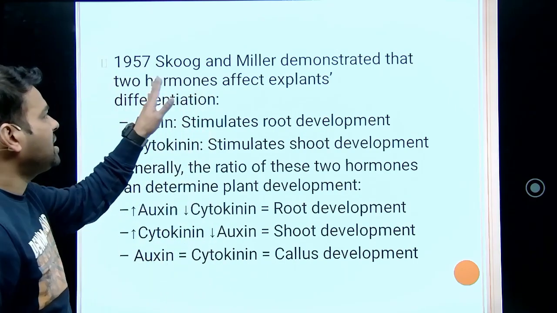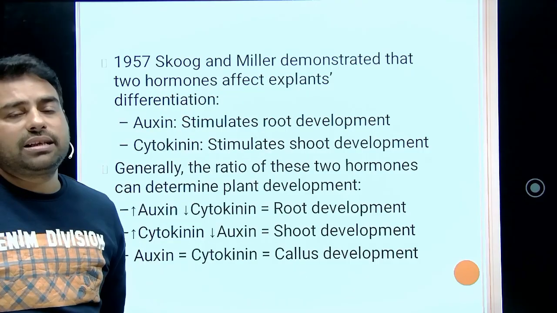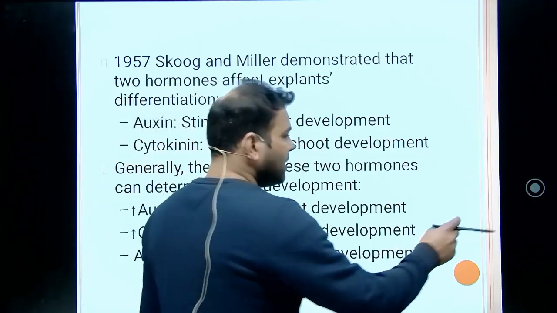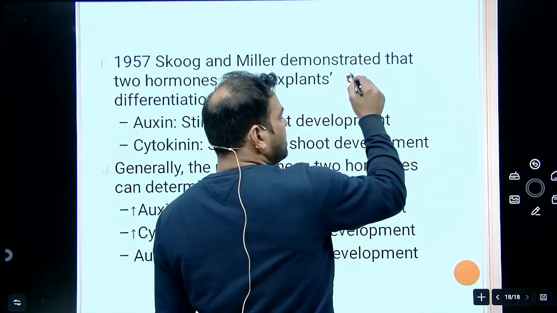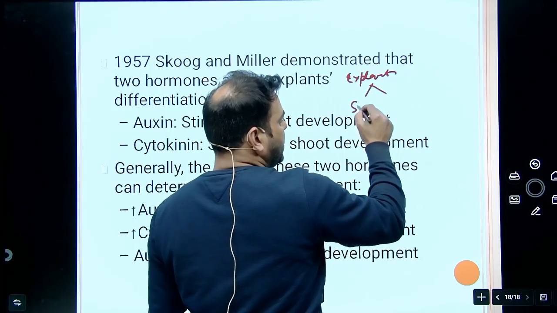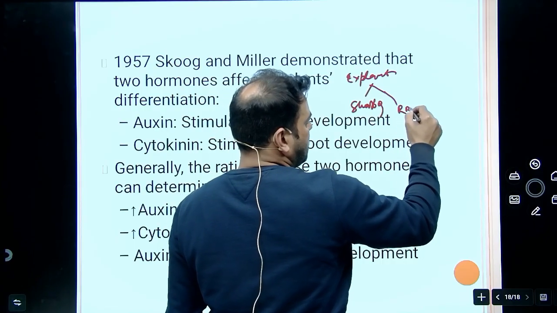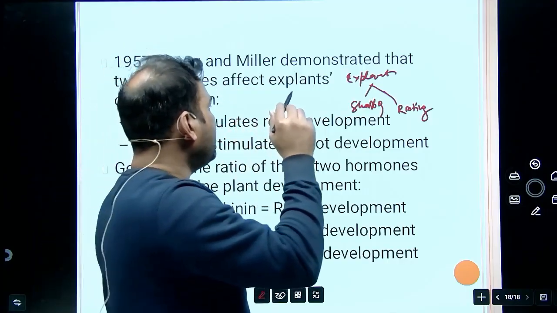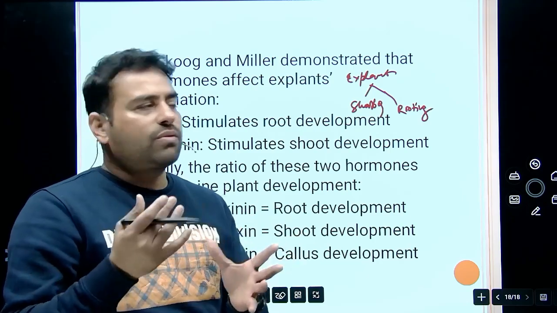In 1957, Skoog and Miller demonstrated that two hormones affect explant differentiation. Whenever we introduce the explant, it starts shooting, it starts rooting, and differentiation starts, meaning callus formation will be there and different parts of the plant will be there.